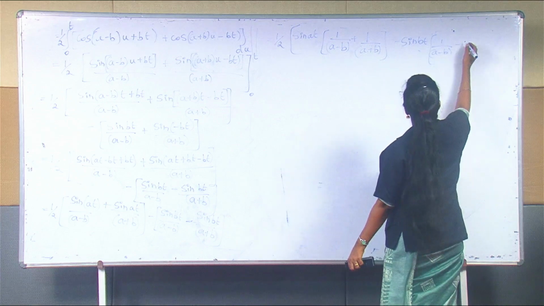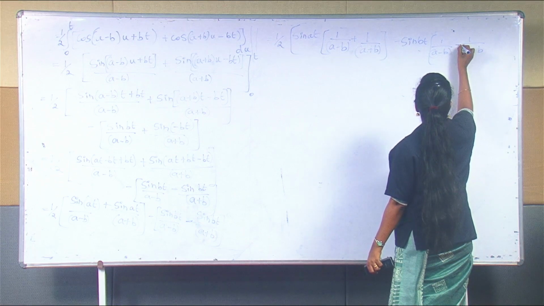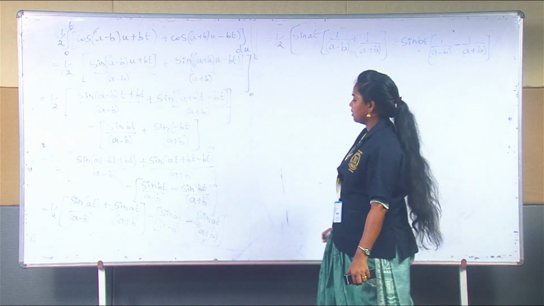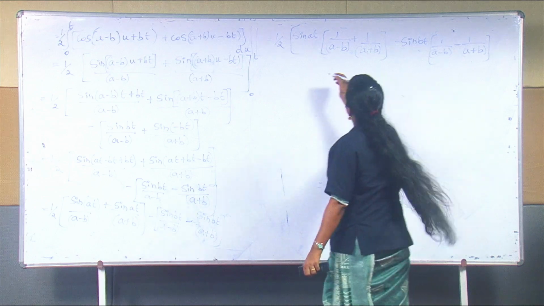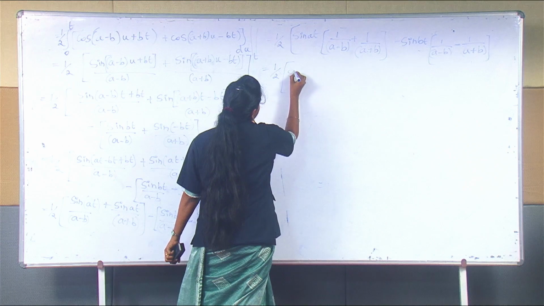minus 1 divided by (a plus b). Here, for the 1 by 2, just take the LCM.